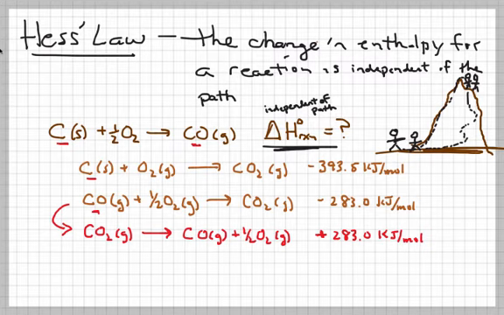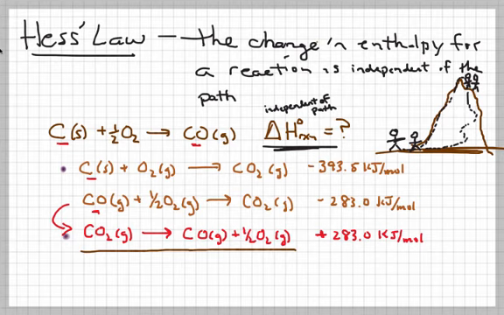So now it might be starting to become clear where we're going with this. We have two reactions: combustion of carbon and oxygen to produce CO2, and then the breakdown of that CO2 to produce the carbon monoxide that we're interested in.